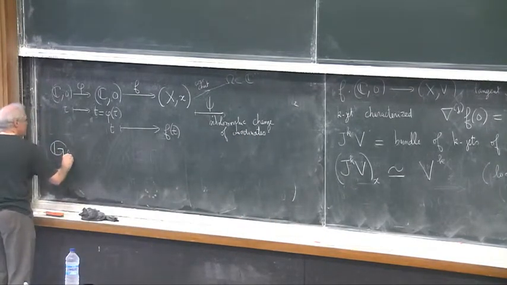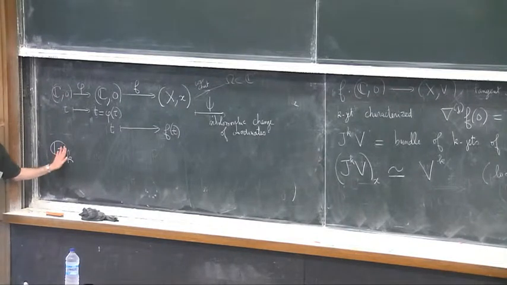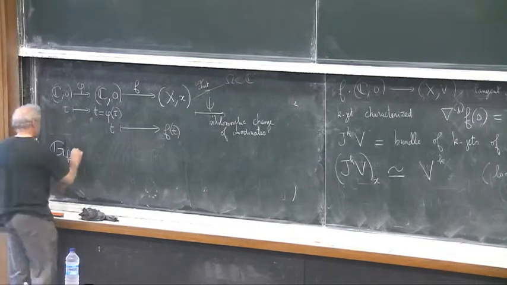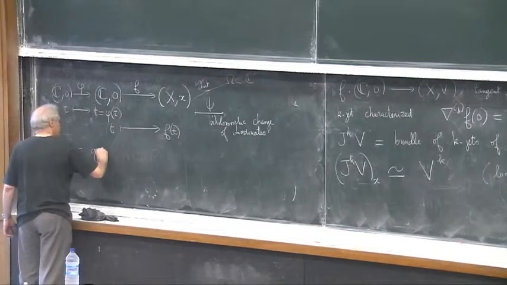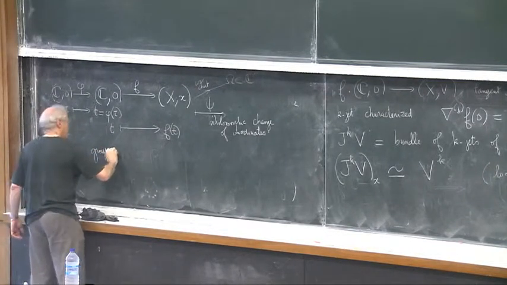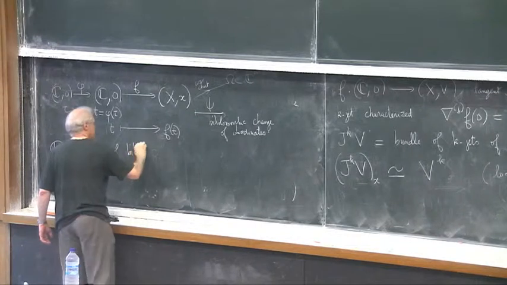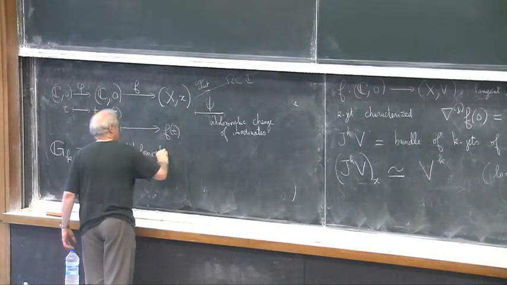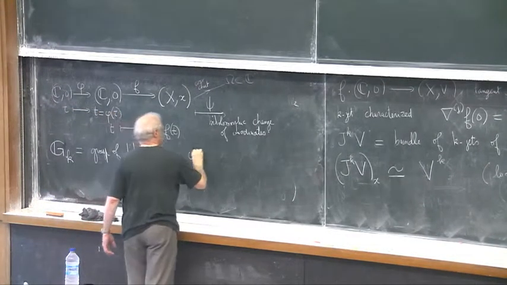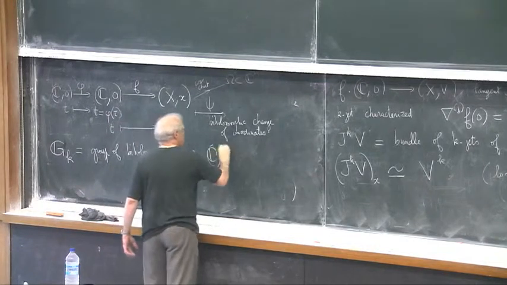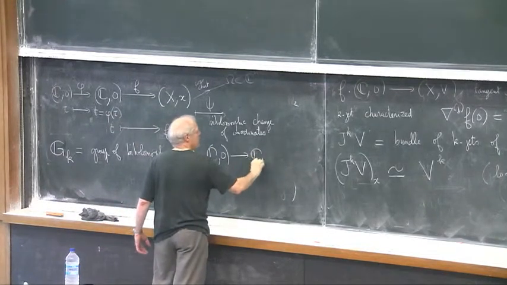So it's some kind of universal Lie group, the group of biholomorphisms which are reparameterizations of the curves, but locally.